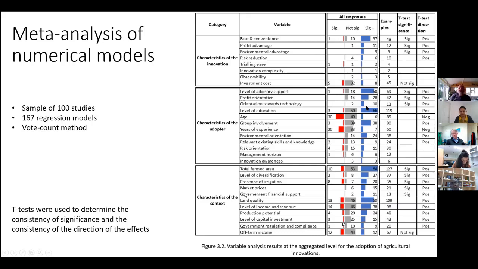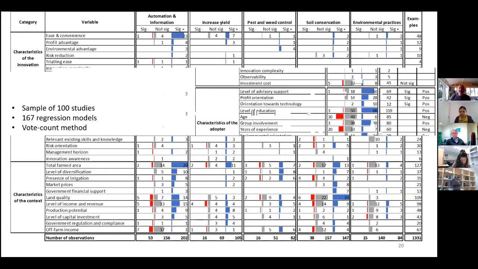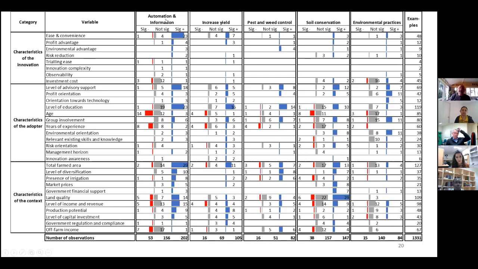That became more noticeable when I divided the studies into categories of types of innovation. In this case, for example, we have a category looking at automation and information technologies.